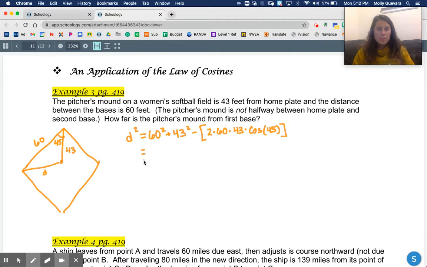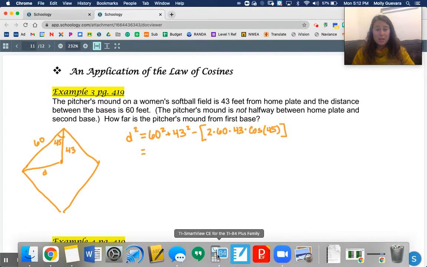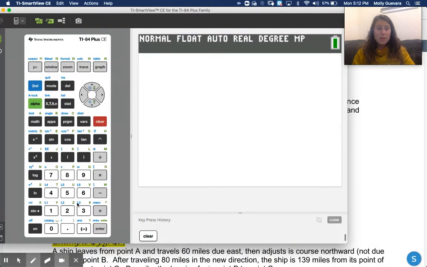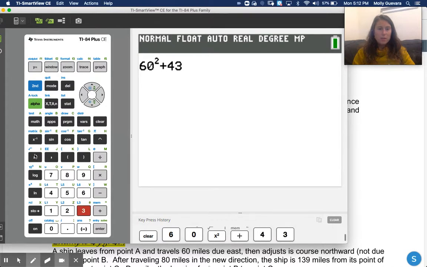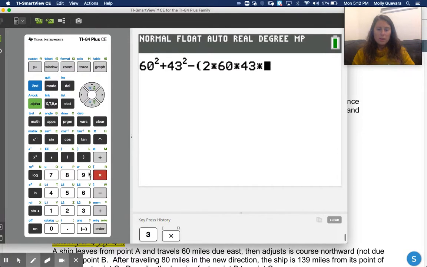And we're just going to start solving. And you can enter even this into your calculator if I show you. So I can go 60 squared plus 43 squared minus 2 times 60 times 43 times cosine of 45.